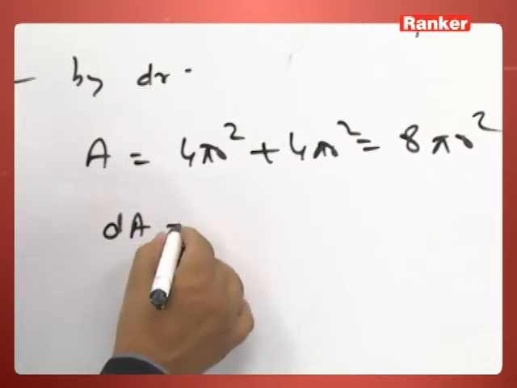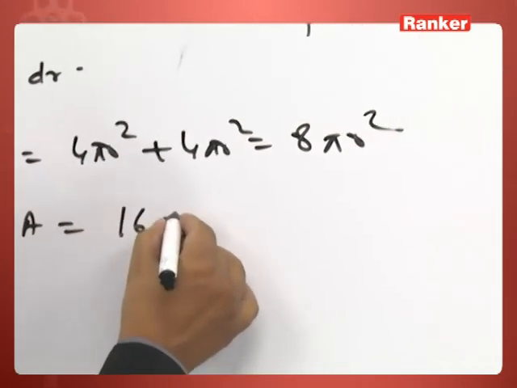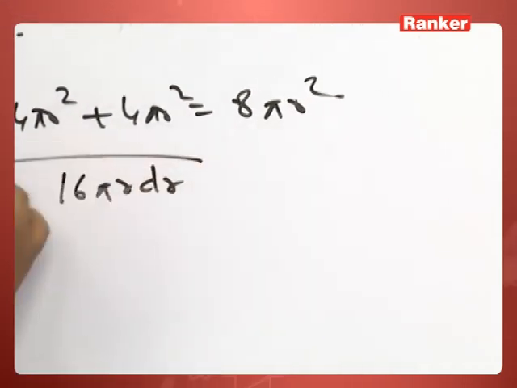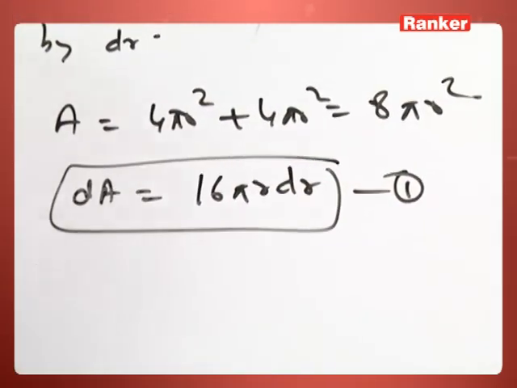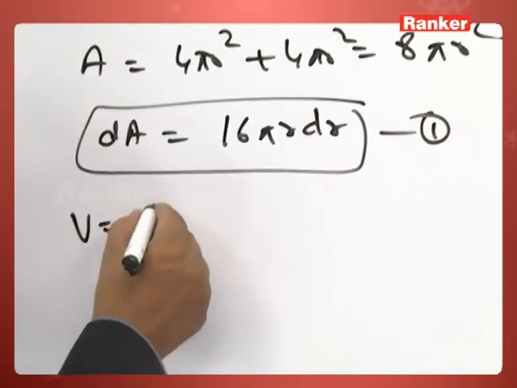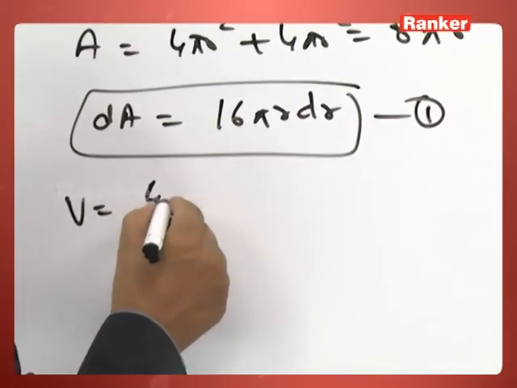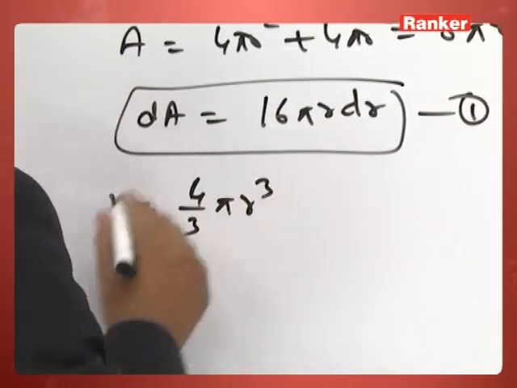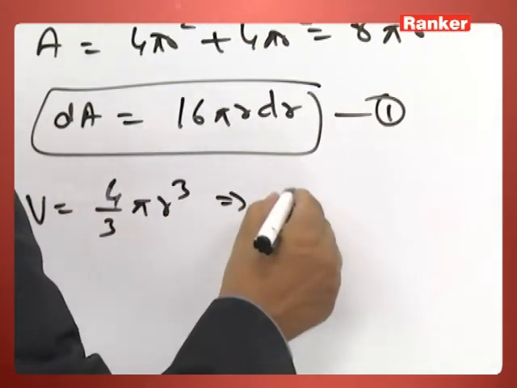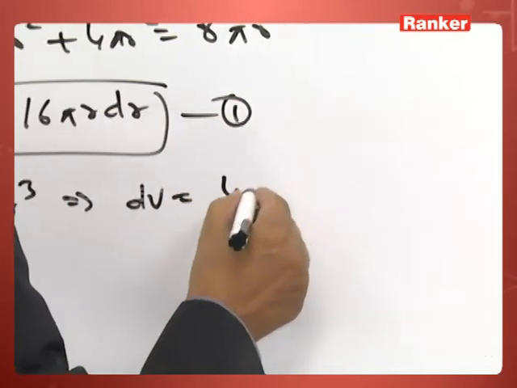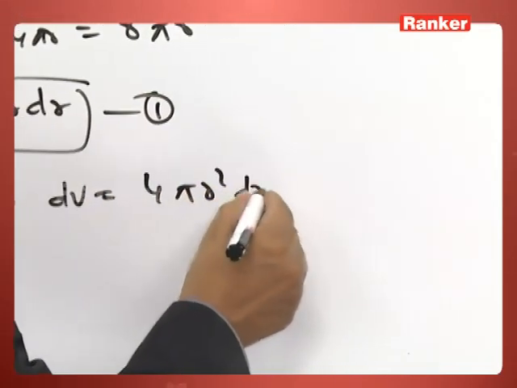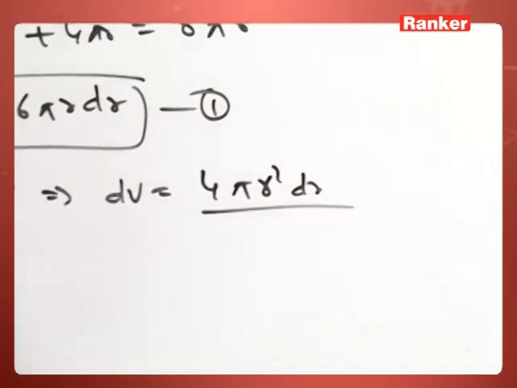So, the change in area becomes 16 pi r dr. This is the change in area. Now, the volume enclosed is 4 by 3 pi r cube, and so the change in volume will be, this 3 will cancel here, 4 pi r square dr. This will be the change in volume.